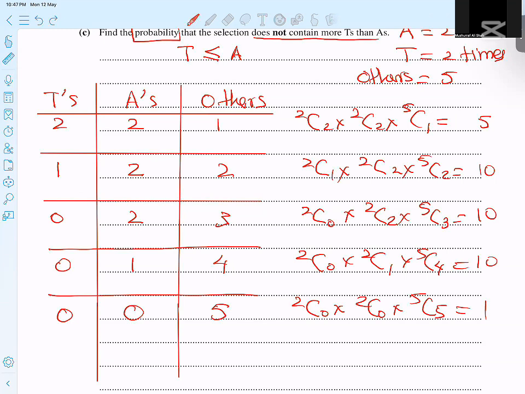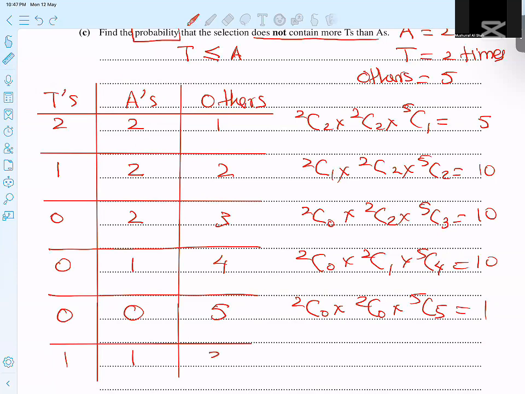So wait a minute, what is missing? Let me check. Hold on. 4, 2, 2, and 2 is 1, 2 is 0, and 1T, 1A. Ah yeah, 1, 1 is missing. Both are 1, 1. Sorry for that, students.